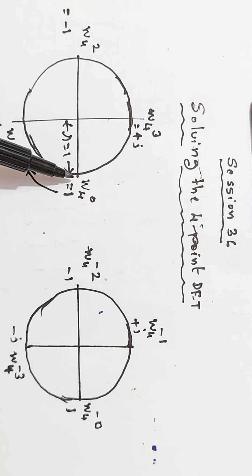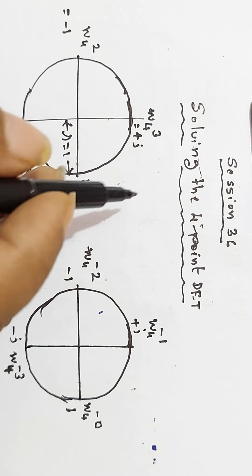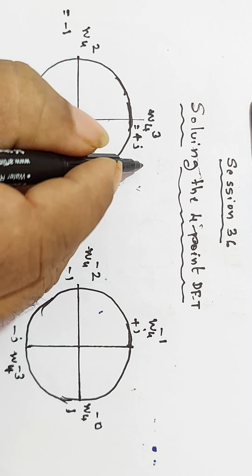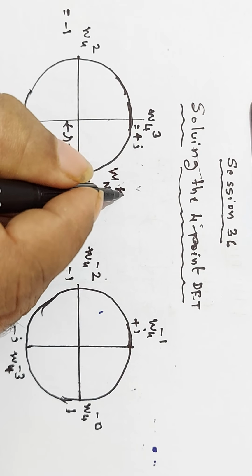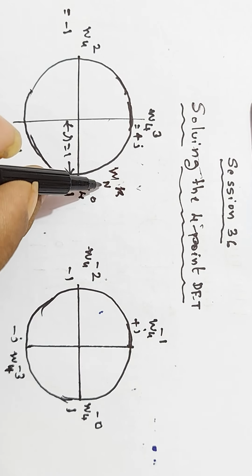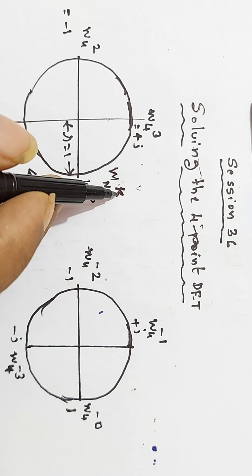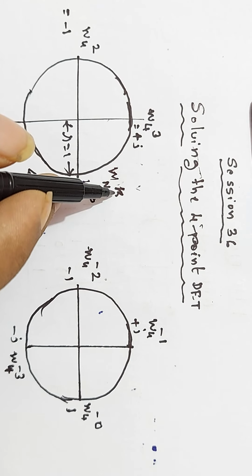And the positive DFT points, that is W_N^k, where N is the N-point DFT and k can have N number of samples.